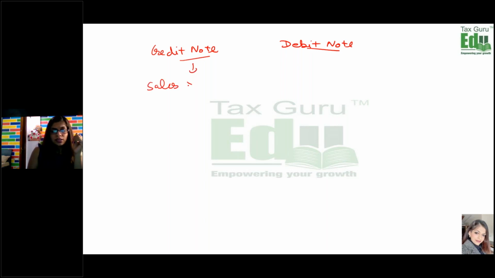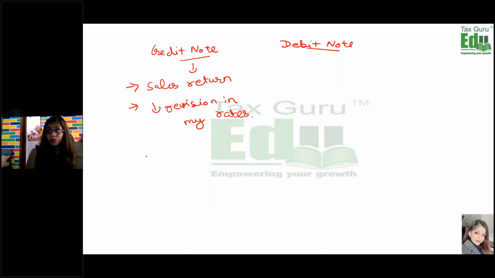Correct? If there is a sales return, my goods are coming back, I'll issue a credit note. If there is a downward revision in my rates, I'll do a credit note.